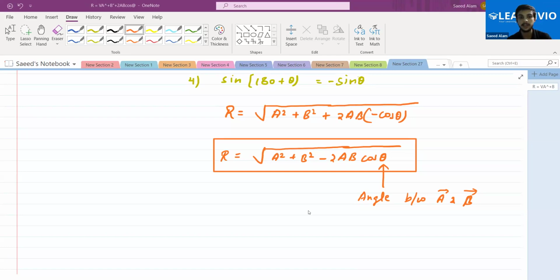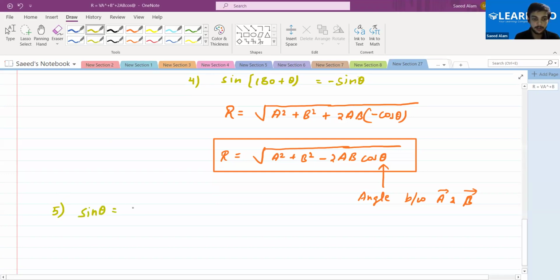Actually, I have the question, but for that, I need to give you some trigonometry formulas over here. Like I had given you the four formulas here, I'm giving you the fifth formula here. If you ever get to use it, just use it. It is sine theta equals 2 times sine theta by 2 into cos theta by 2.